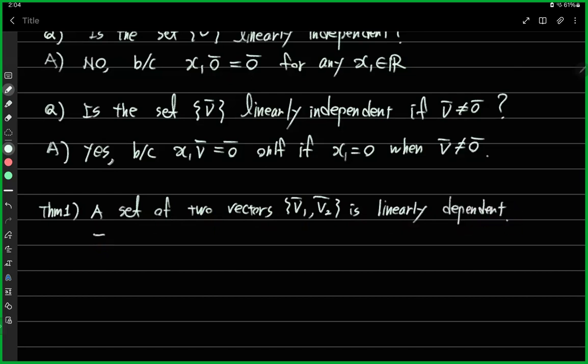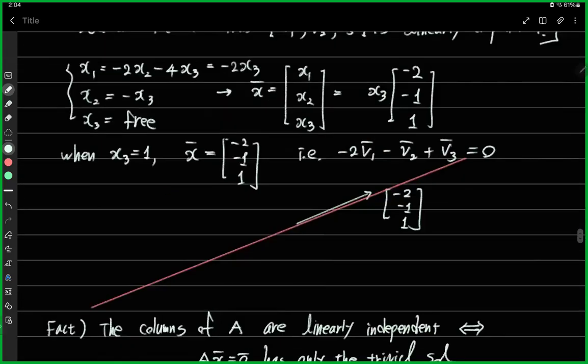if and only if one vector is a scalar multiple of the other vector. Linear dependence means that, as we saw here, the three vectors have a relationship.